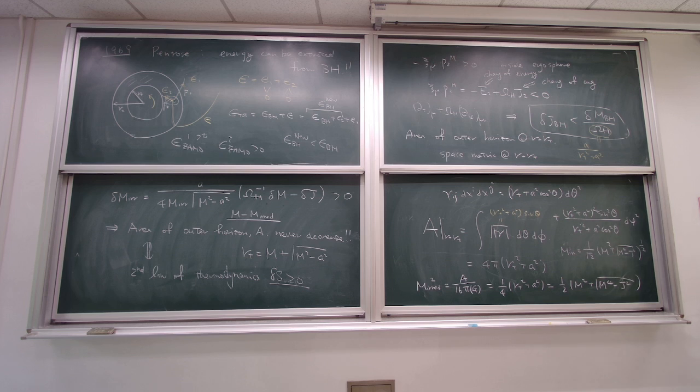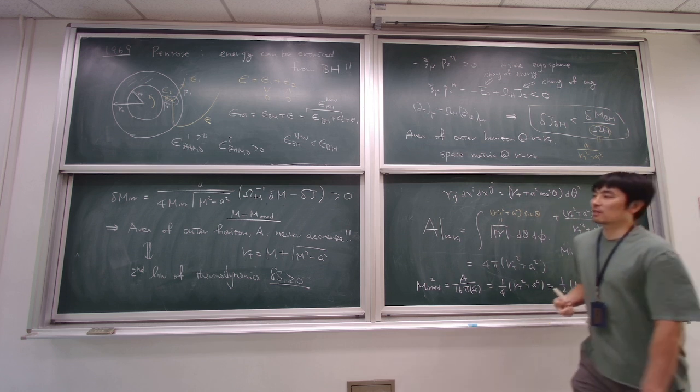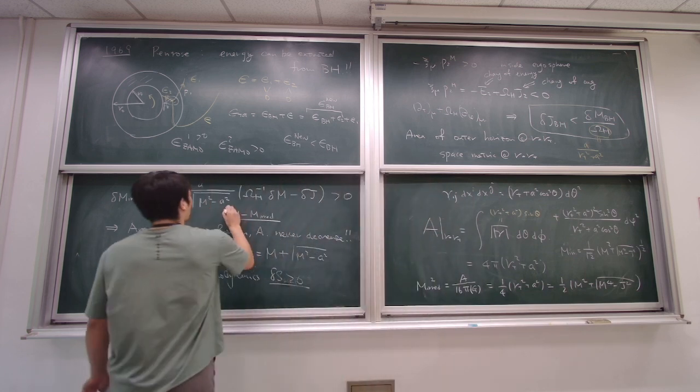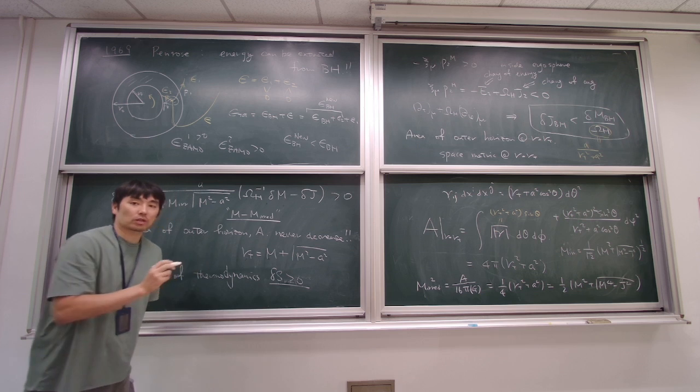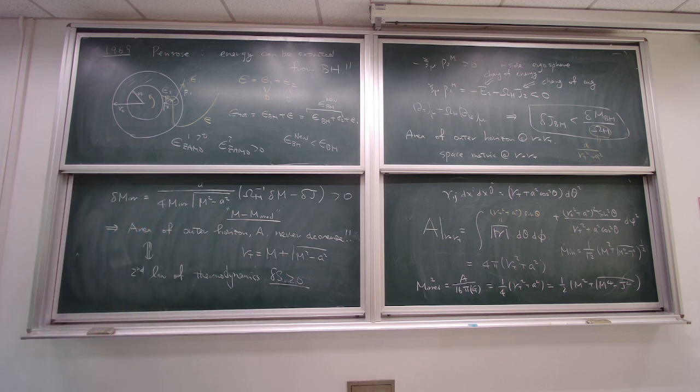In the case of Schwarzschild, J equals 0. So this is 2 times M square, and the square root of 2 cancels. It becomes the mass of the Schwarzschild. So from Schwarzschild, you cannot extract energy by the Penrose process. But the maximum energy one can extract for the Kerr case is this quantity.